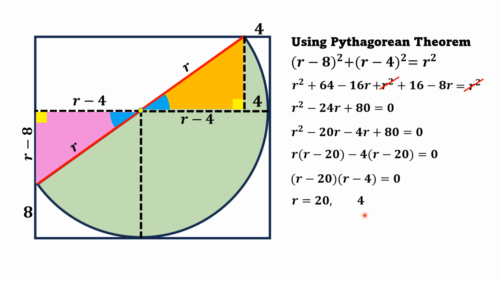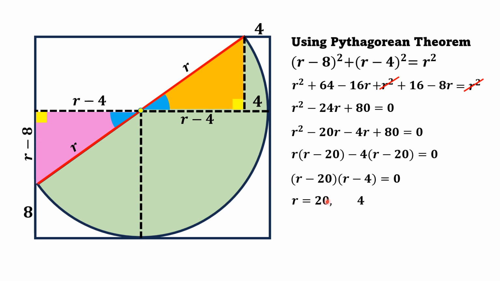First we look at which value of r is valid. Let's check this 4. If we substitute 4 over here in this relation, 4 minus 8 is equal to minus 4, and this is a length, and length can never be negative.